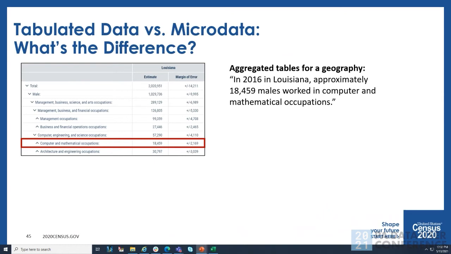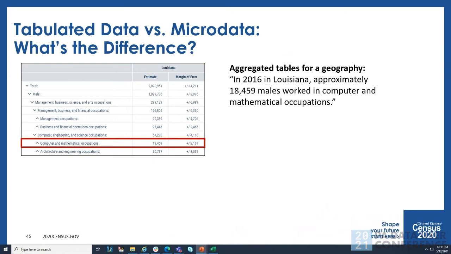I'd like to know how many male web developers are in Louisiana in 2016. This table on the left-hand side gives you an idea of what's tabulated and then released. All we have is the rolled up version of how many computer and mathematical occupations there are: 18,459 males in computer and mathematical occupations in Louisiana.